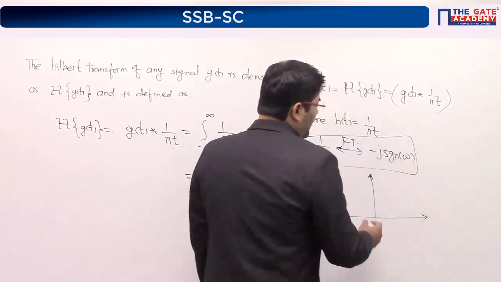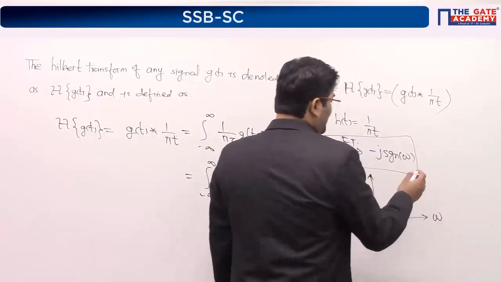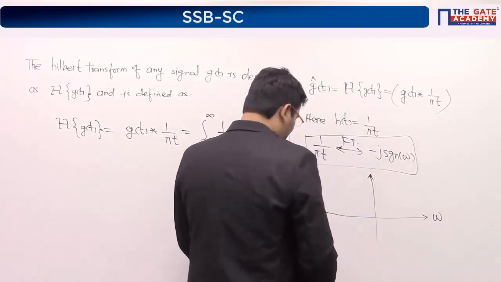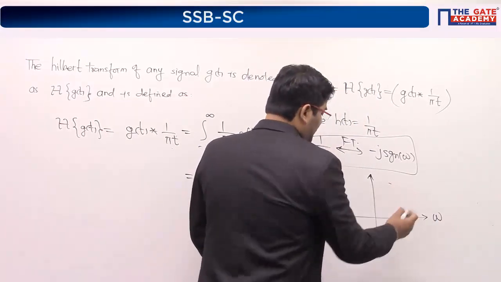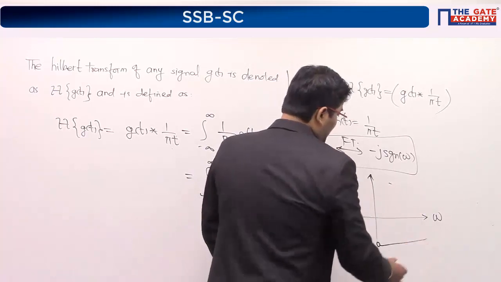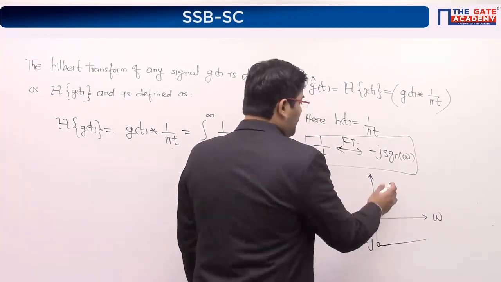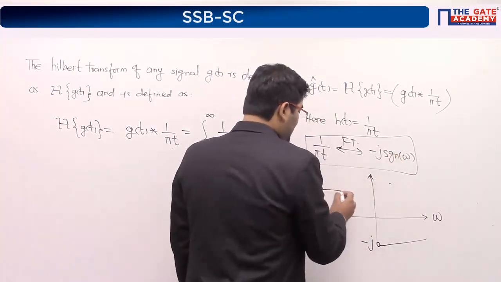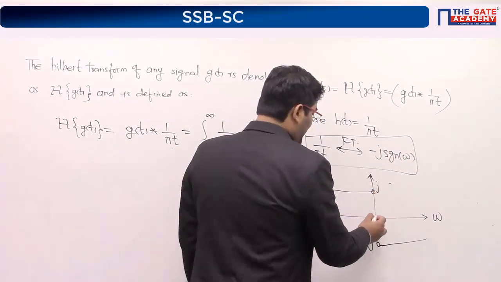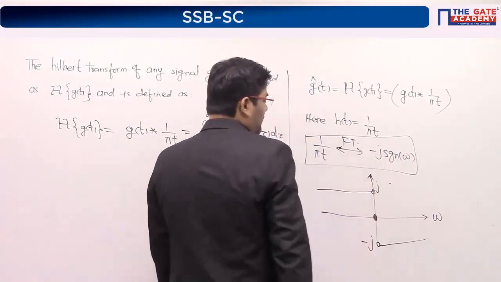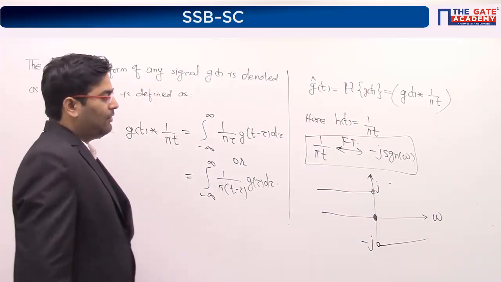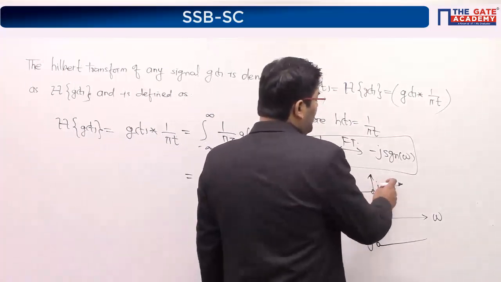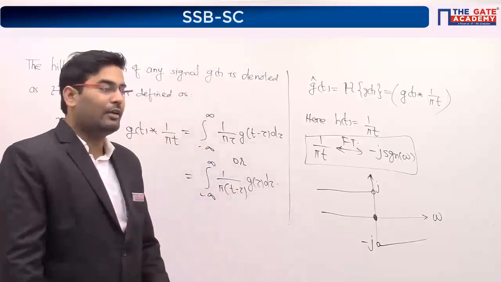Now, guys, if you take omega positive, it is minus j, so it will give you minus 90 degrees. So minus j for positive omega, something like this. For negative omega, it is plus j. For omega 0, it is 0. So if you look at the graph, it is in the line of the signum graph, and that is the reason I drew the signum t graph, so that you can relate here quickly.